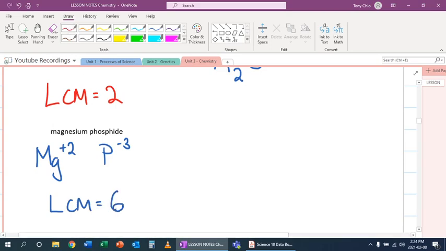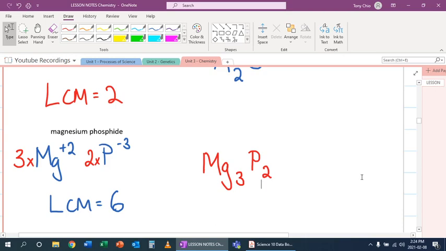So I want to find what I need to become +6, which means I need 3 magnesium. What do I need for phosphorus to become a -6 charge? I need 2 phosphorus. So now I write these multiples as subscripts. It becomes Mg3P2. And that is our chemical formula for magnesium phosphide.